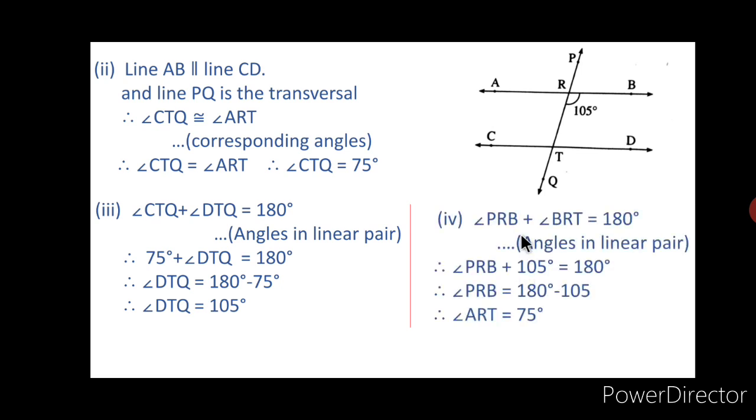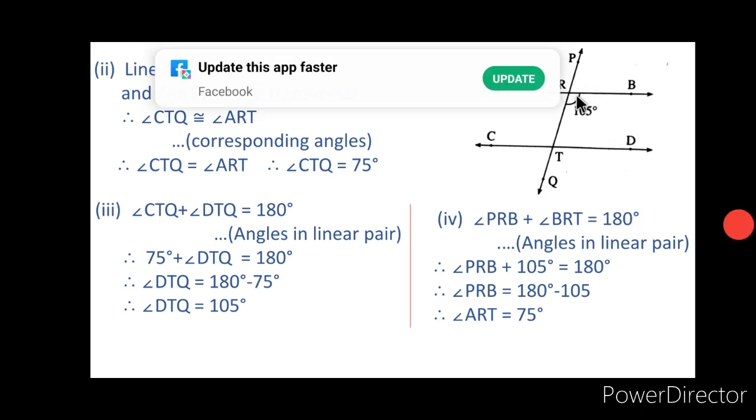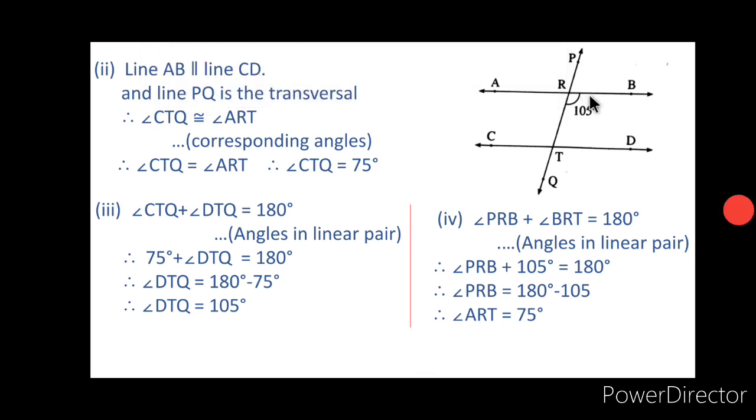Then angle PRB plus angle BRT is equal to 180 degree, because these two angles are in linear pair. Angle BRT is equal to 105 degree.